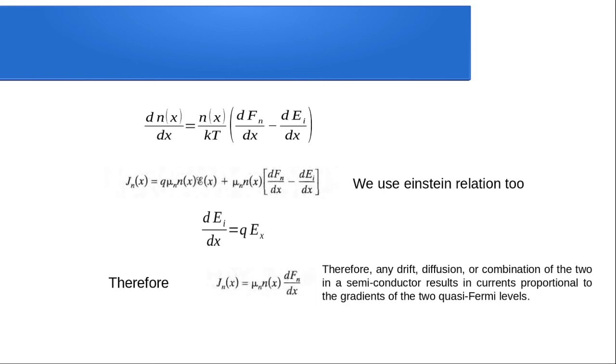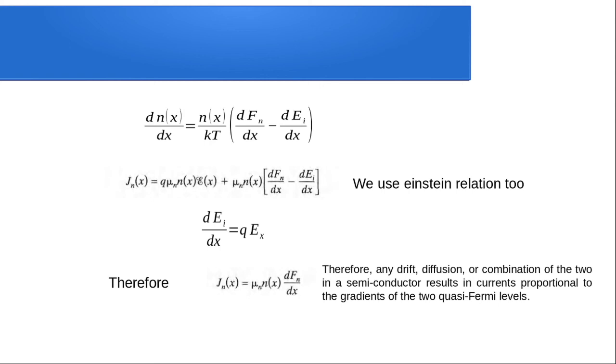We are making use of the Einstein relation to make the equation in this shape. And we could approximate this dEi(x) to qE(x), so that the remaining thing will be Jn(x) is equal to mu n(x) dFn by dx.